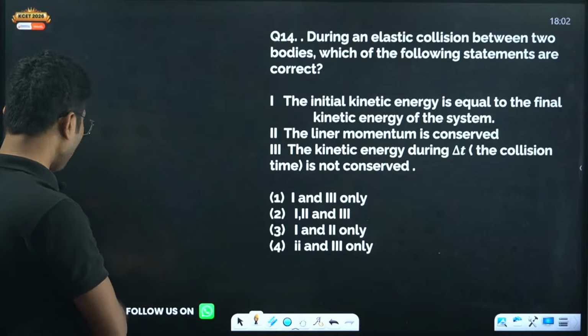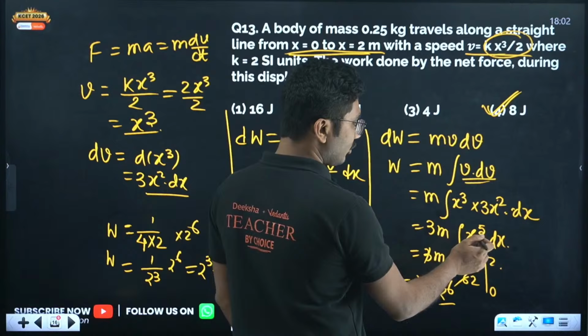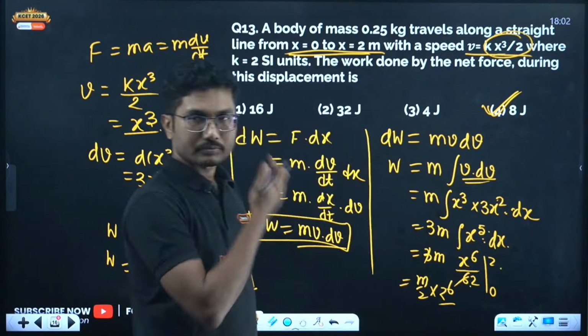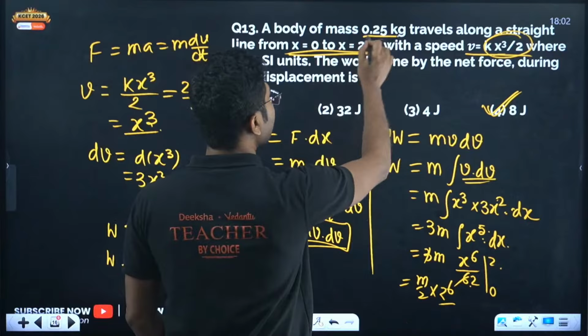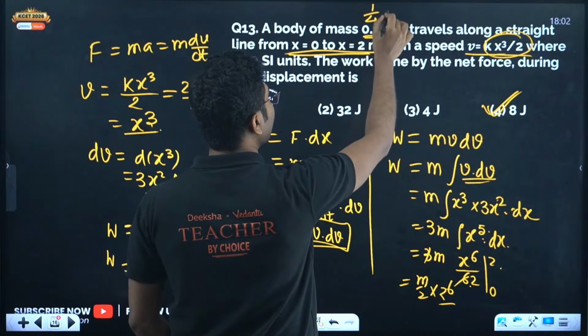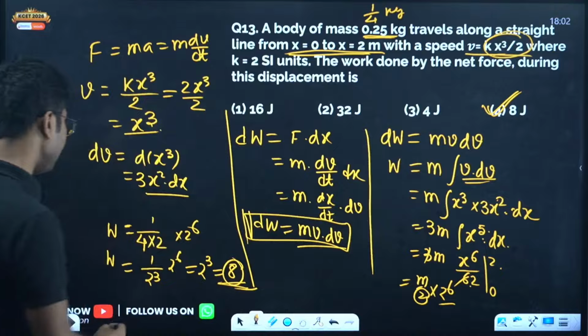It will be 2 only. So it will be integration. You are doing integration, so it will be x to the power of 6 by 6. Now the mass of the body is given as 0.25 kg. 0.25 means 1 by 4 kg. And also we had 1 extra 2 over here in the division.